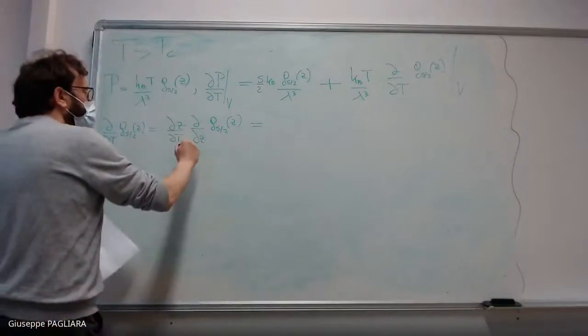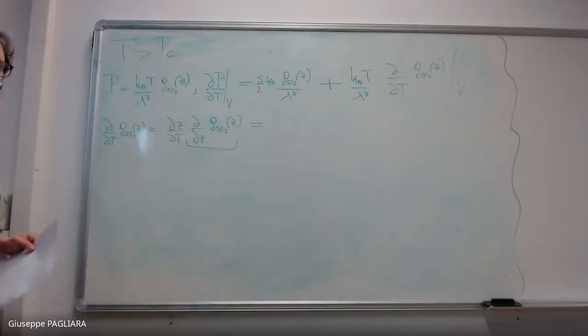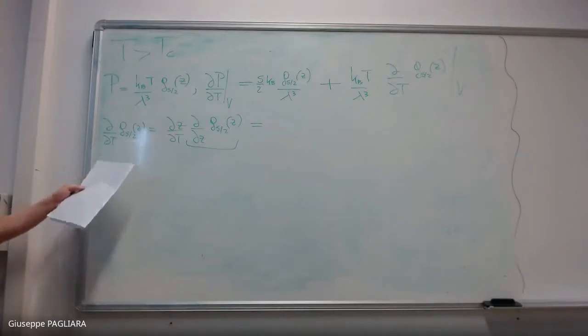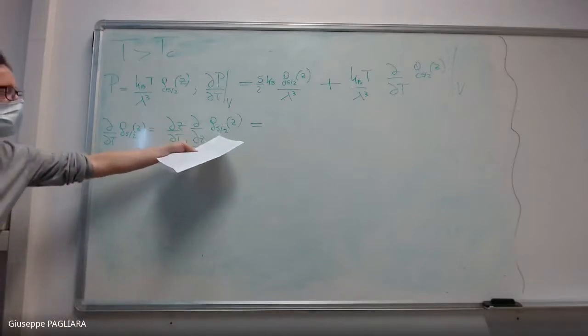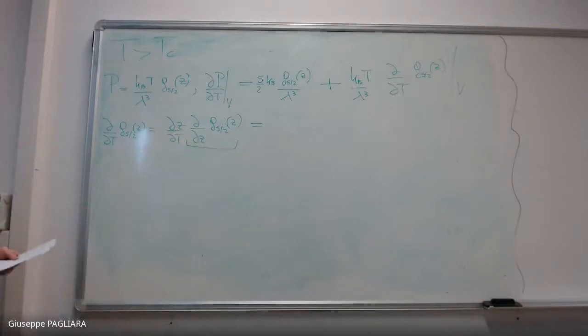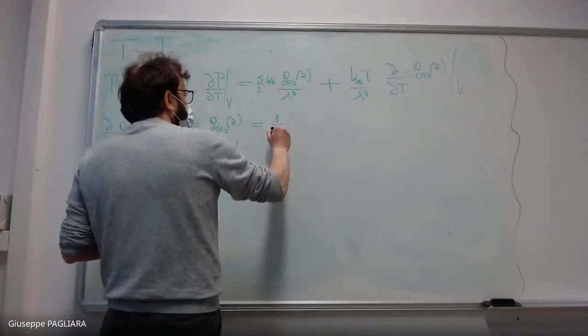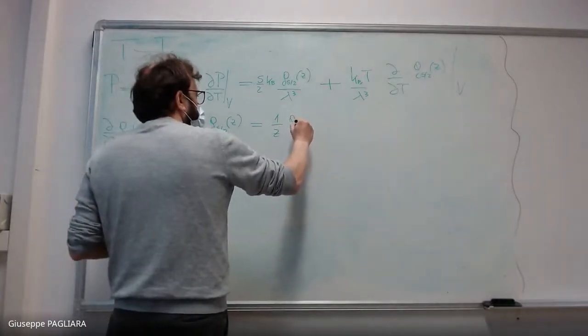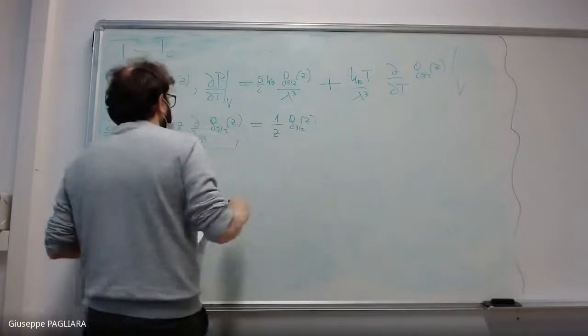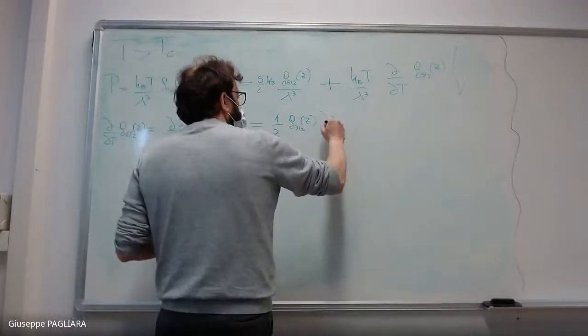When I'm doing this derivative by using the properties of the Bose function, the derivative of this function is 1 over z times g with index minus 1. This is a property that we derived at the beginning. So this is actually 1 divided by z, g_{3/2} of z, and the derivative of z with respect to temperature.